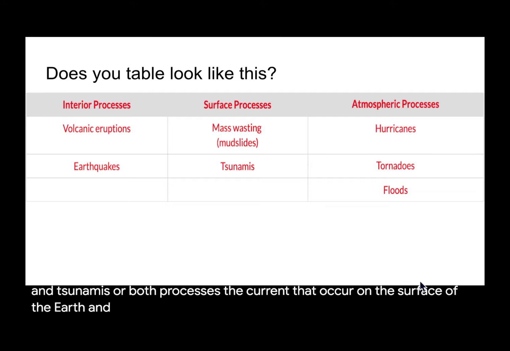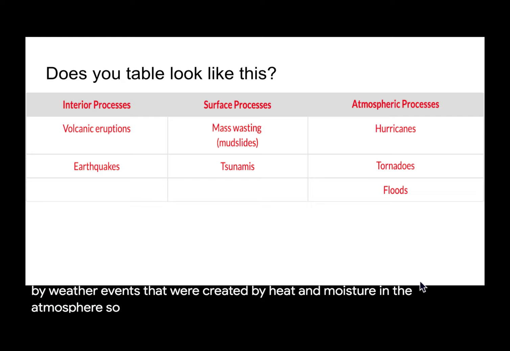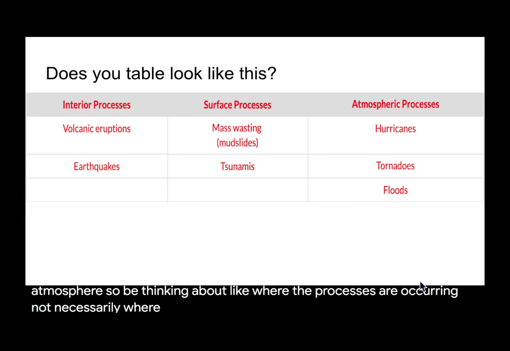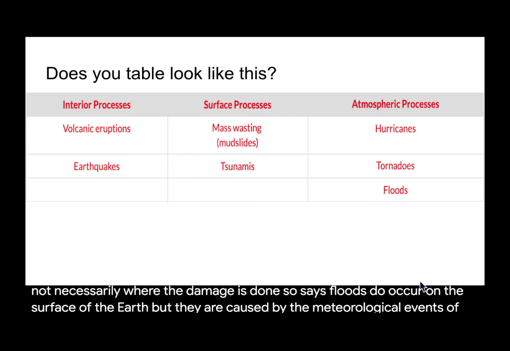And hurricanes, tornadoes, and floods are all influenced and made by weather events that were created by heat and moisture in the atmosphere. So be thinking about where the processes are occurring, not necessarily where the damage is done. Floods do occur on the surface of the Earth, but they are caused by the meteorological events of heavy rains.